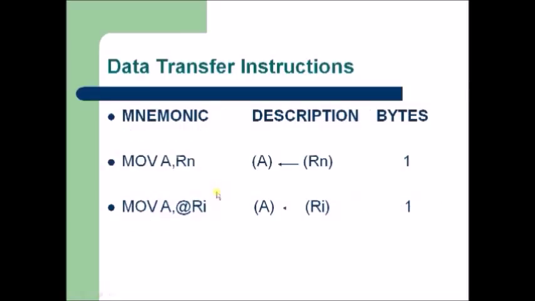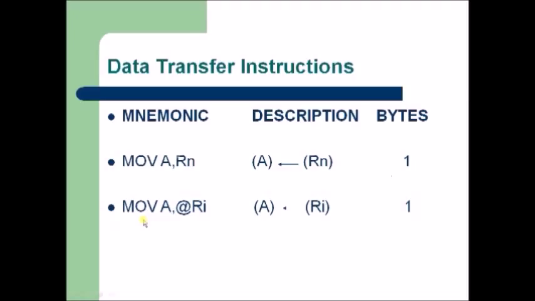MOV A, Rn. Here A is the accumulator, and Rn indicates any register from R0 to R7 in the selected bank. When you write this instruction, the contents of Rn are copied into the accumulator register, and it is a 1 byte instruction.